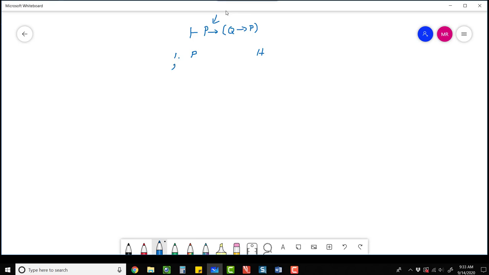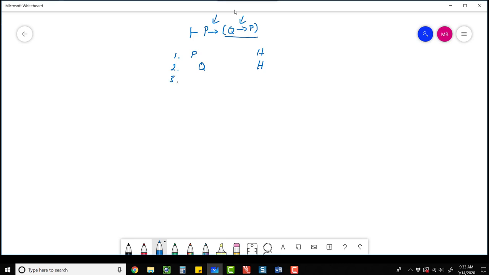And then you say, okay, what am I trying to do? Well, I'm trying to derive if Q, then P. Now what you notice is this too is a conditional. So you hypothesize a second time. And so you indent even further.